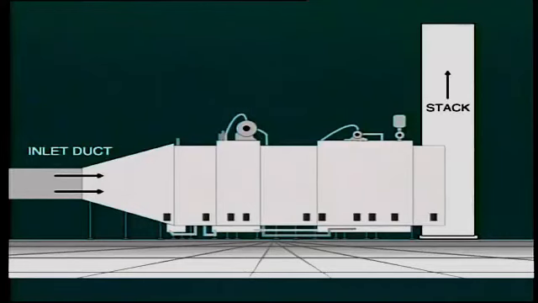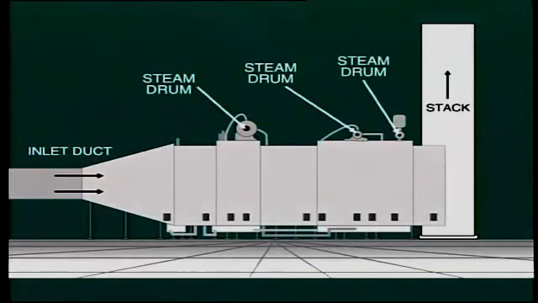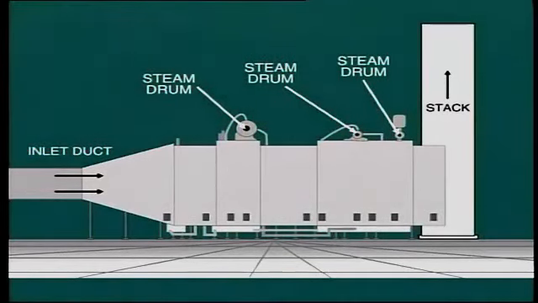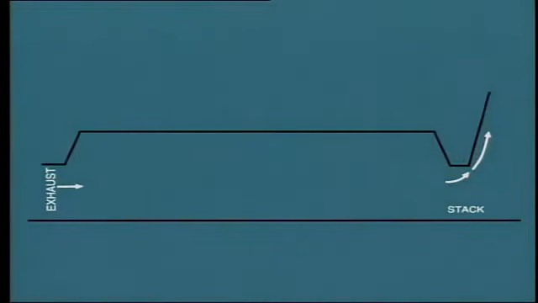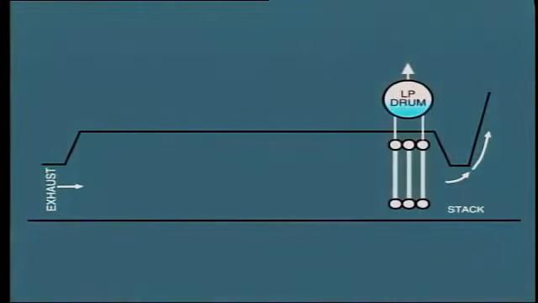For example, just looking at the external view of this HRSG, we can see that it has 3 steam drums. That is the HP, or high-pressure steam drum, the IP, or intermediate pressure steam drum, and the LP, or low-pressure drum.